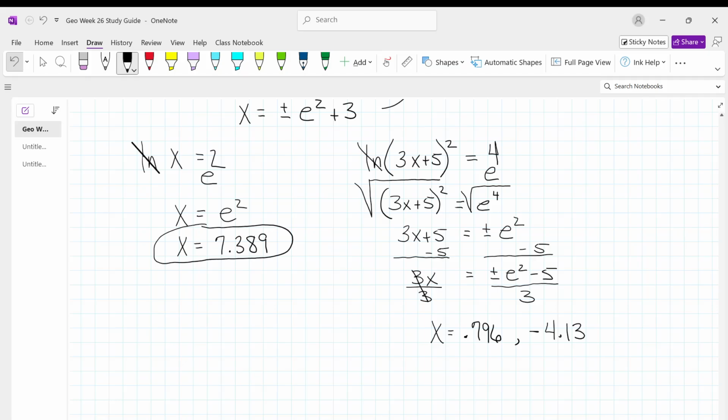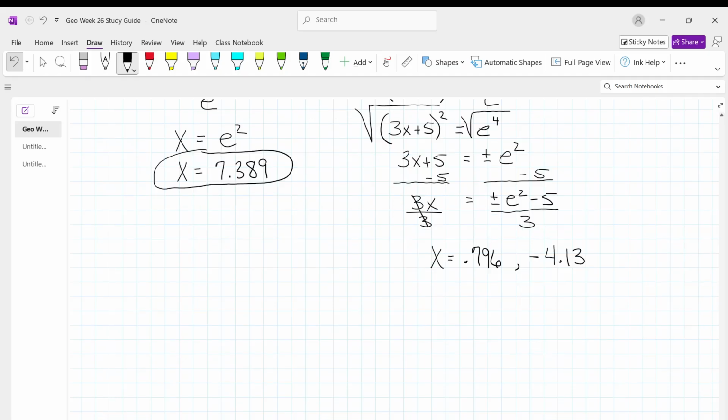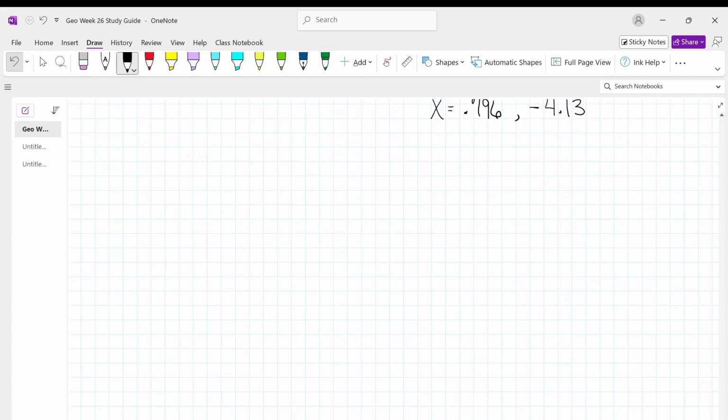Any questions up till now? All right, natural log of 2x plus the natural log of 3 is equal to 2. This is an expanded form, so we're going to write it as a single log first.